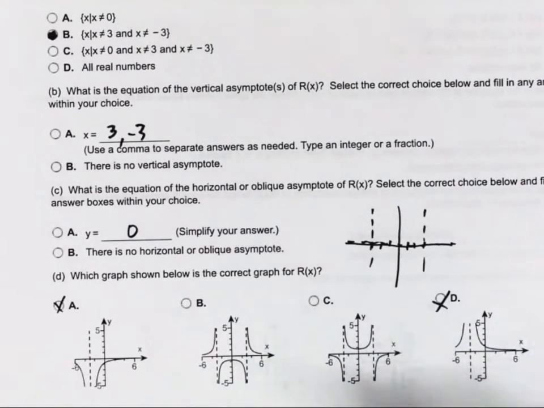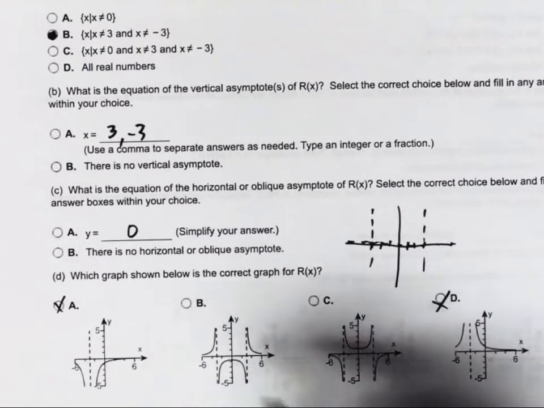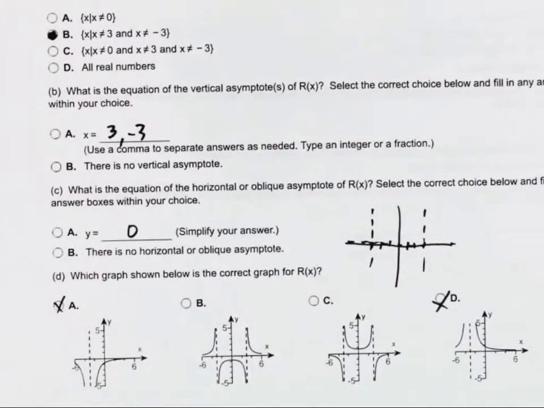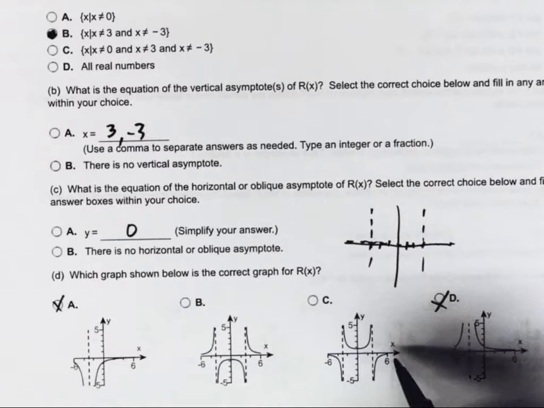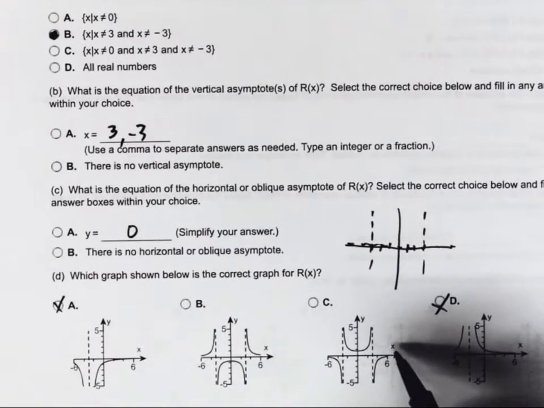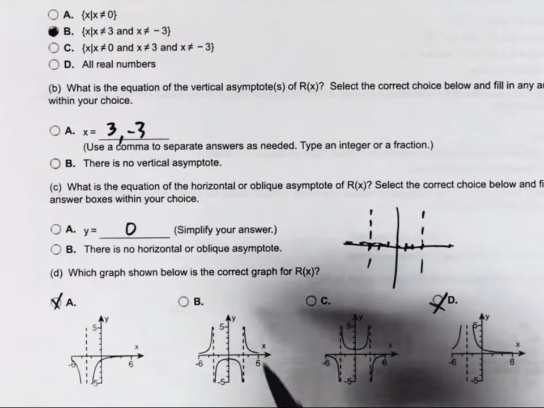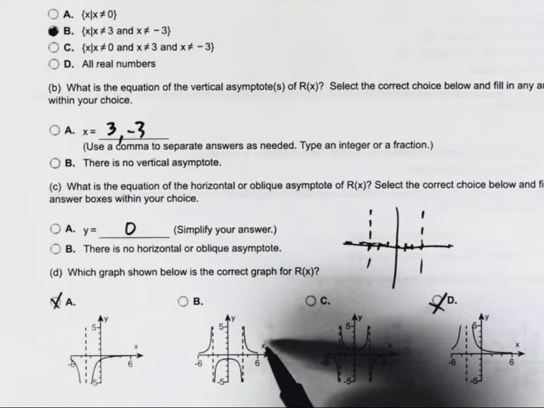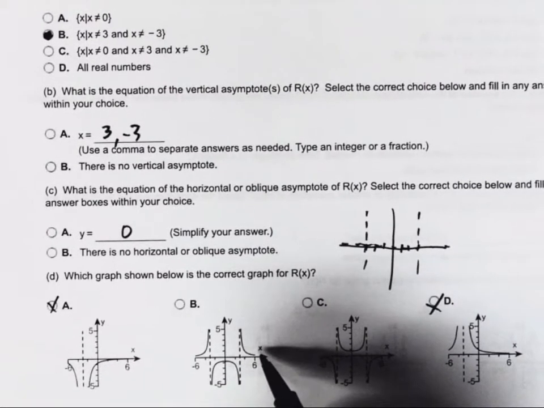So let's do this. I just have to pick some place on this graph and compare my equation, see what happens. Here's what I want to do. Let's see what happens when x gets to be a big number. Because here, it's saying when x is a big number, I end up with a small positive number.